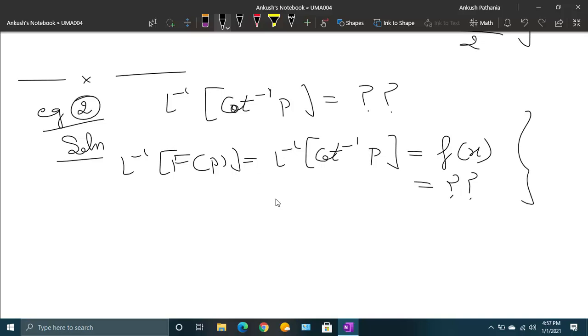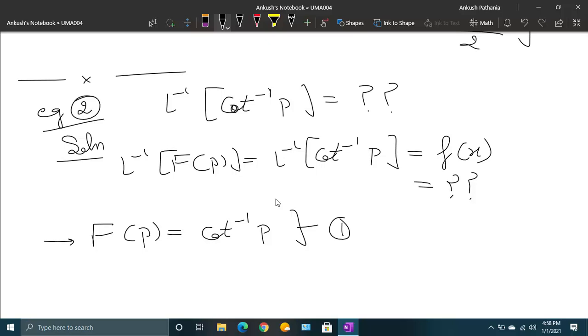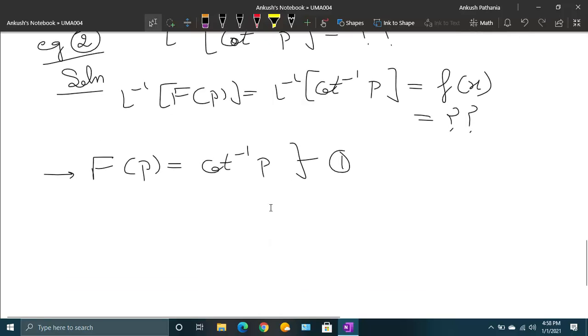Clearly you will not get any idea which formula it correlates to. However, if we take the derivative, it is minus 1 upon 1 plus p square, or p square plus 1.